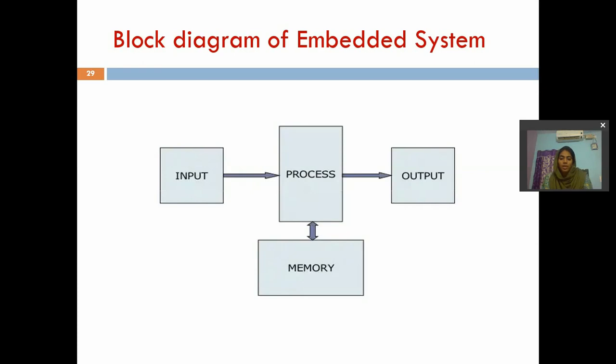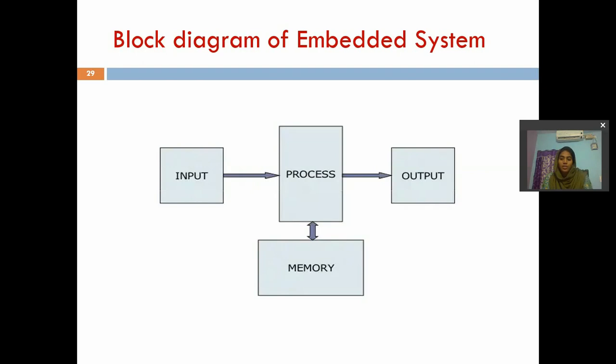So we have a processor. We can collect the inputs from the input devices and process them. What is a processor? A processor will do three functions: fetching, decoding and executing.